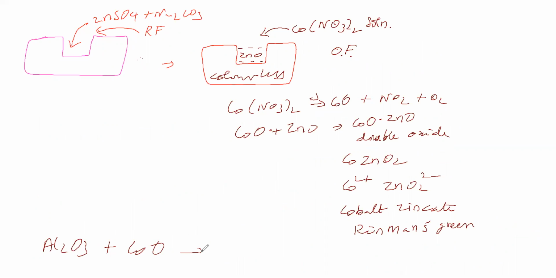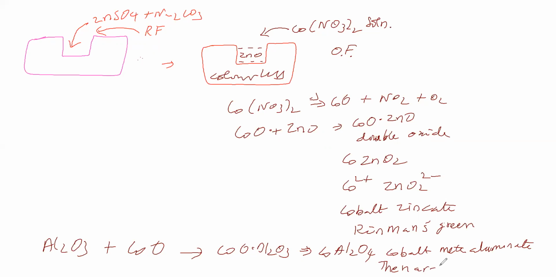This alumina with cobalt oxide gives CoO·Al2O3, which we can also write as CoAl2O4. It is called cobalt meta aluminate. What color does it have? Thenard's blue. Cobalt meta aluminate has Thenard's blue color.